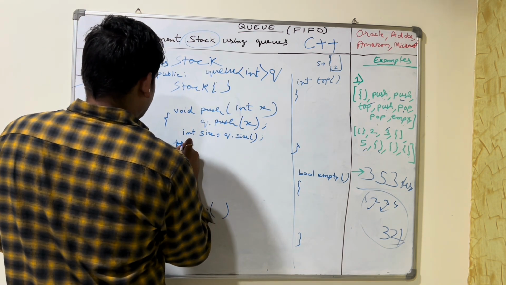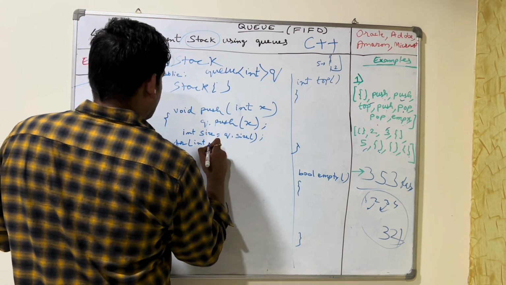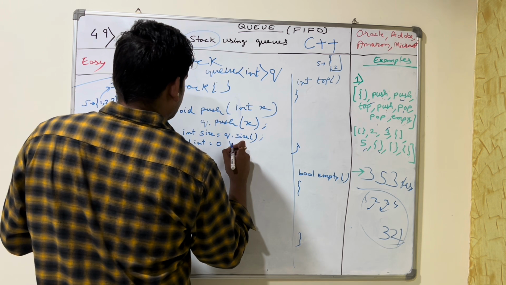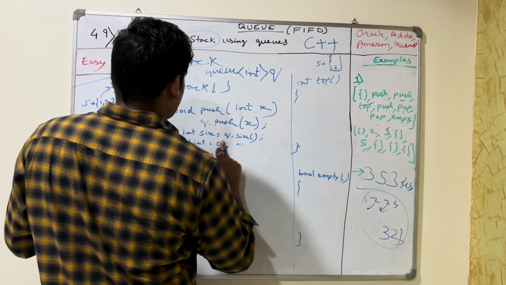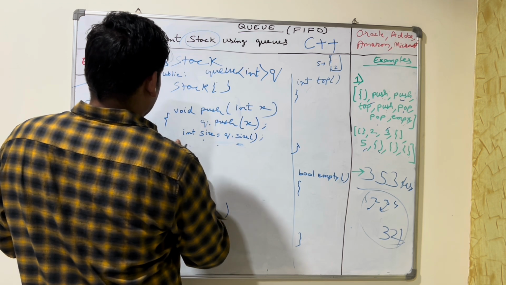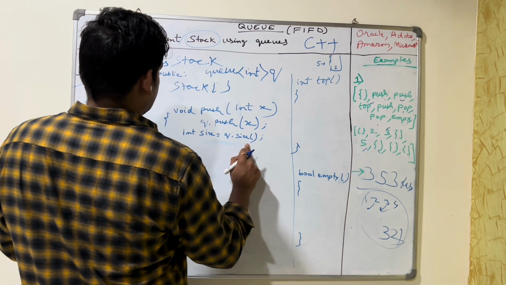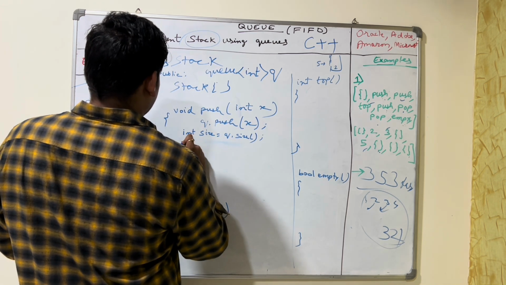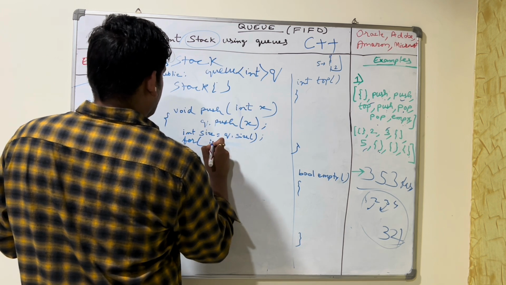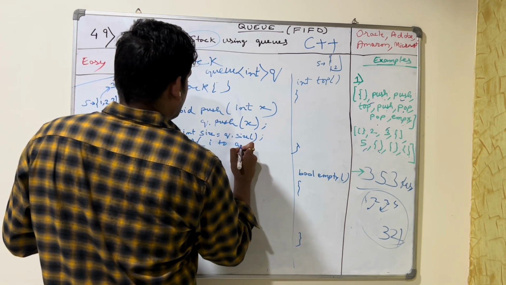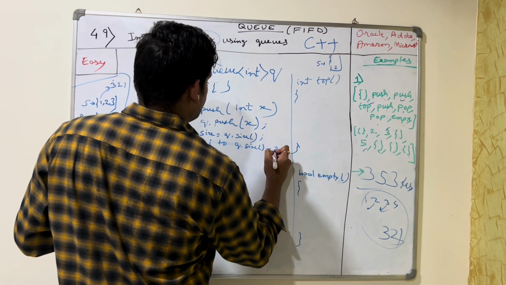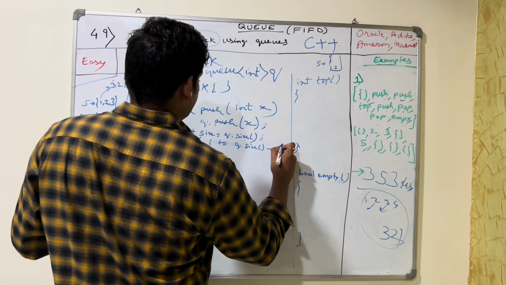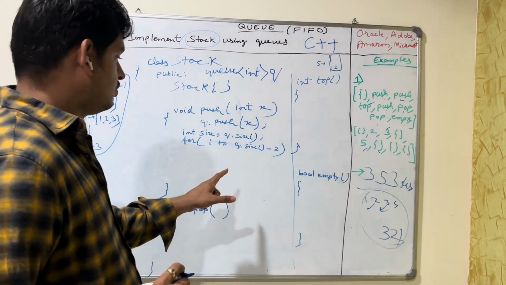Now I'll have a loop for int i equal to 0 to q dot size, or I can have a condition, same thing. I can have a loop from i to q dot size minus 1 actually. Why minus 1?